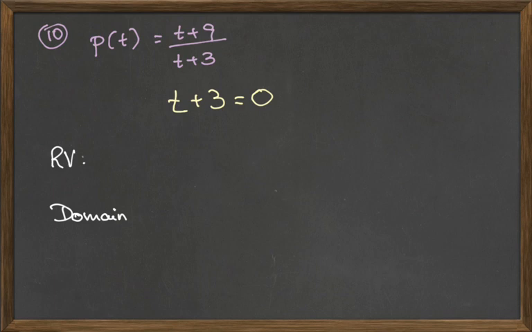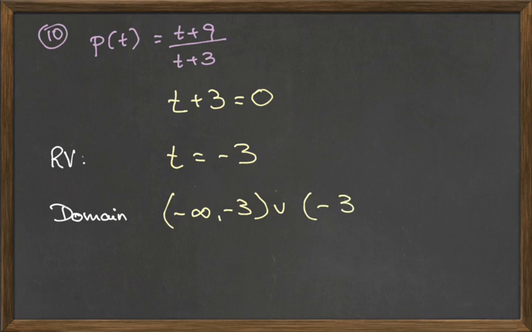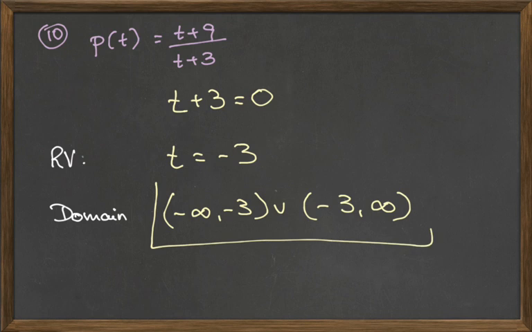You set the t plus 3 equal to 0. That means your restricted value is what? -3. Everybody with me? Taylor, yes? Okay, now what's the domain, Taylor? Negative infinity to -3, union -3 to positive infinity. Beautiful. There you go. That's it.